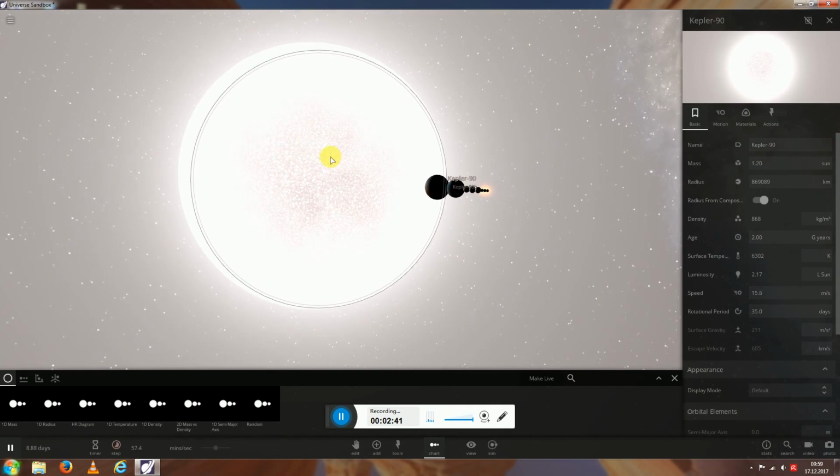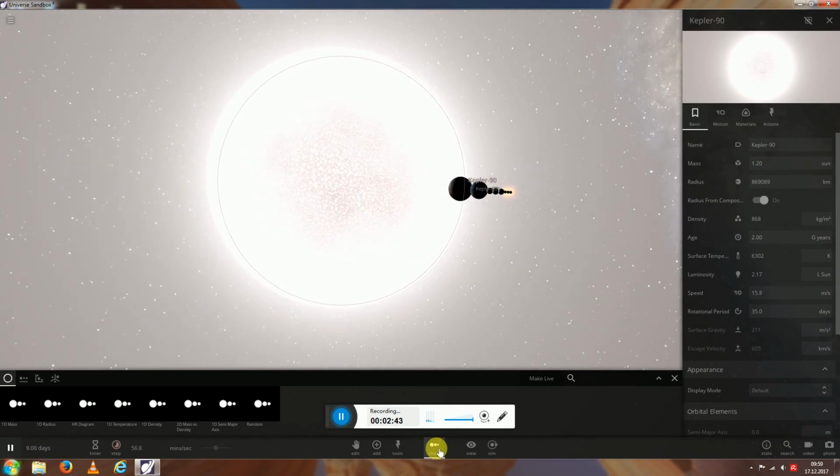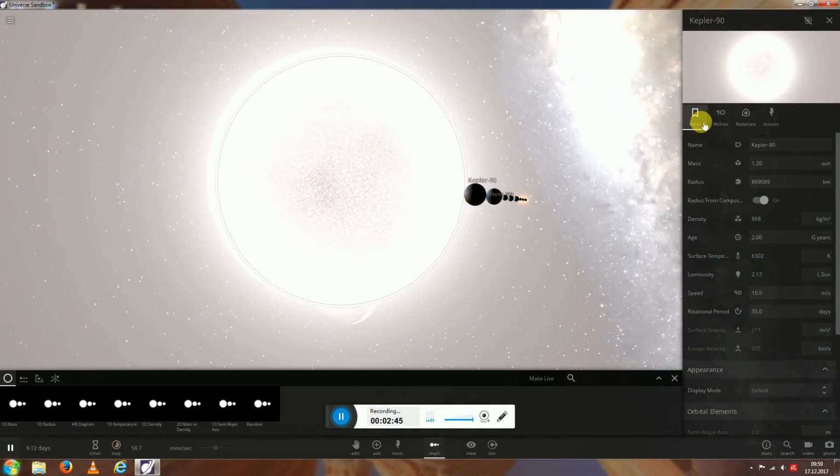Now Kepler 90 itself is a whitish main sequence star with a mass of 1.2 times the mass of our Sun, and it's just 2 billion years old, so it's still on the main sequence.